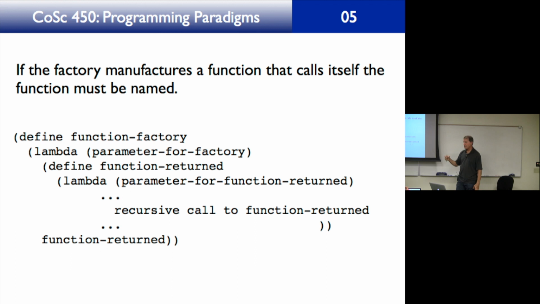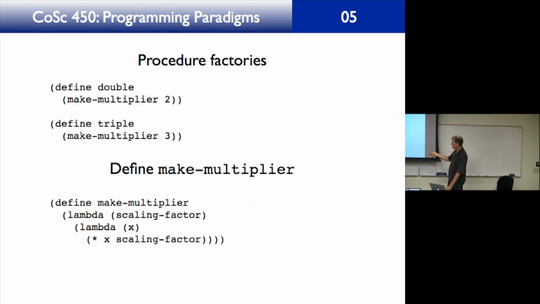And so that means that on this slide, this lambda for the make multiplier giving a scaling factor returns a function, and therefore it has lambda. But the function that it returned doesn't have a name. Where does this function get its name? Who gives the function the name?